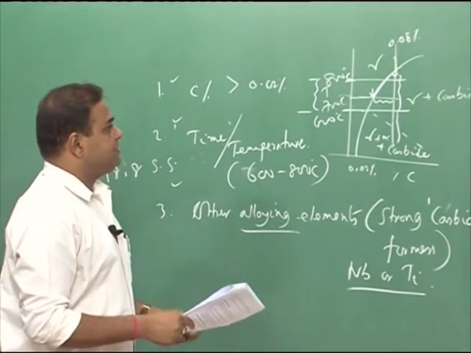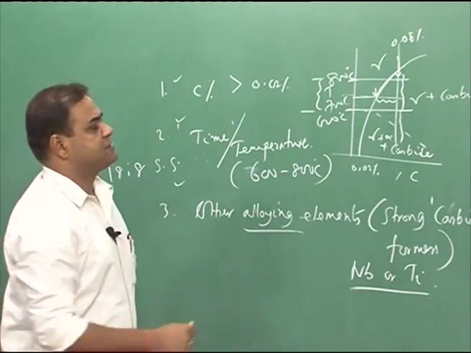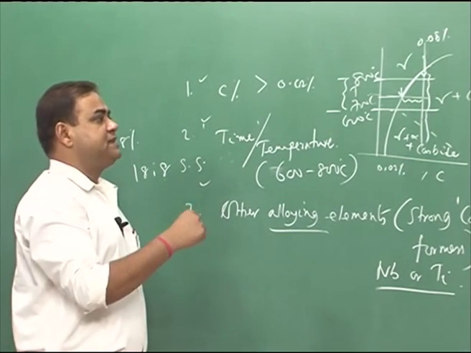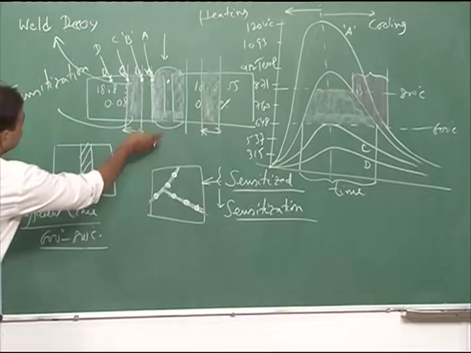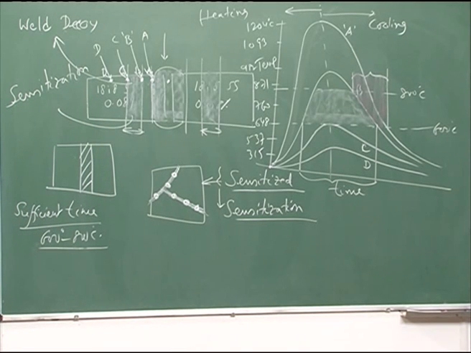Now, let us see, this is the problem with the welding of stainless steel, and if the stainless steel is not sensitized before welding, after welding, because of this phenomenon, sensitization can happen, which is called weld decay. Now, let us see how many ways we can avoid this sensitization. There are 3 major processes by which we can avoid sensitization. Let us get into those processes, how we can prevent sensitization.